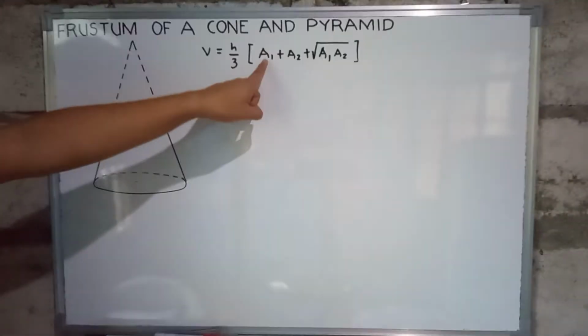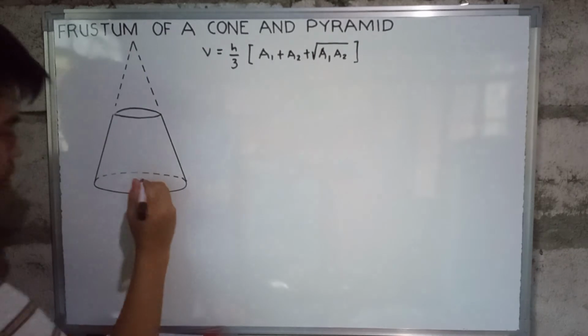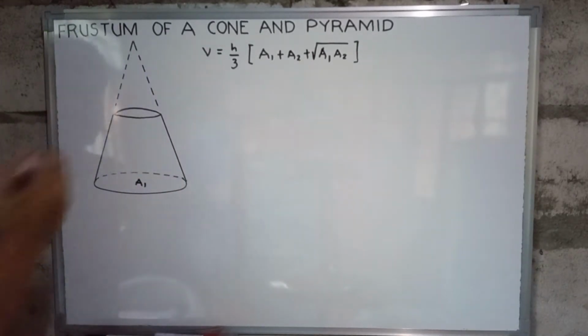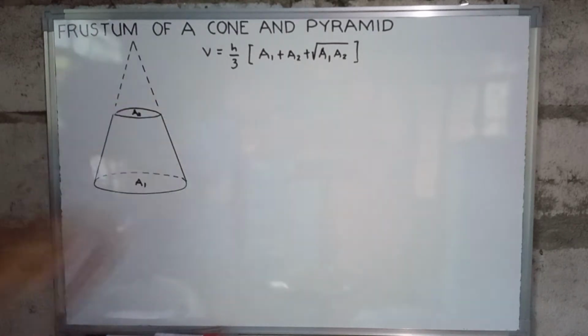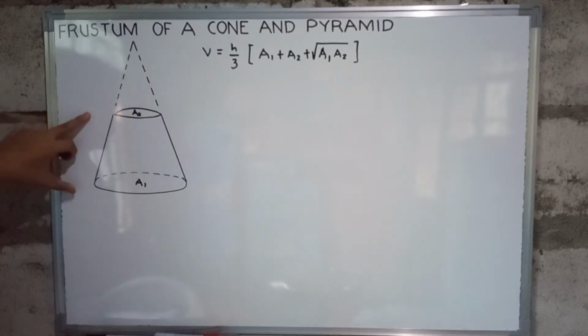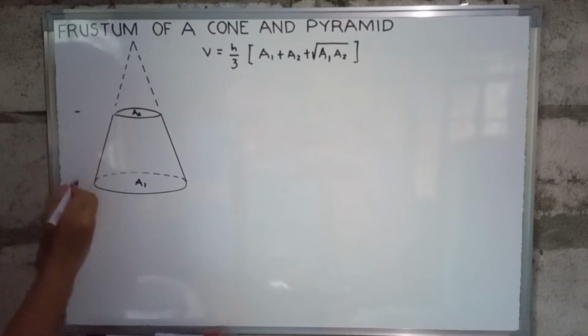So, yung a sub 1 natin will become the base, yung nasa ilalim. Then, a sub 2, yung nasa taas naman. So, yung h naman is the height between the top base and the lower base. So, that will be our h.